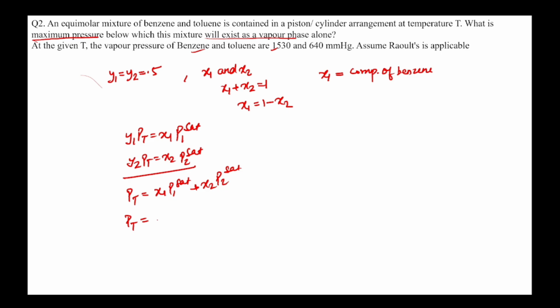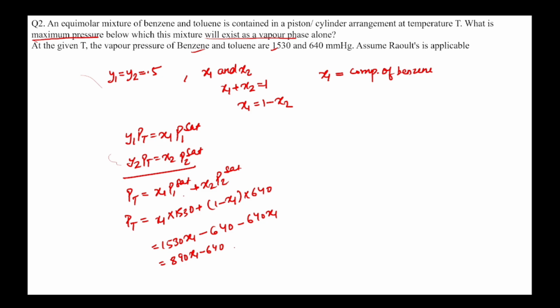X1 is X1, P1 sat is 1530, plus 1 minus X1 into 640. So you will get 1530 X1 minus 640 X1 plus 640, so 890 X1 plus 640.